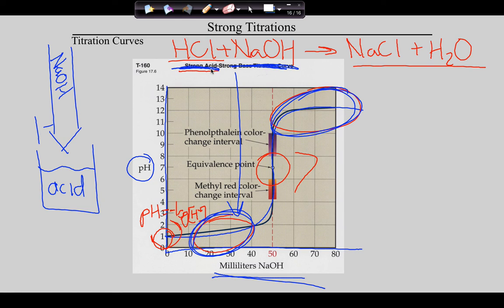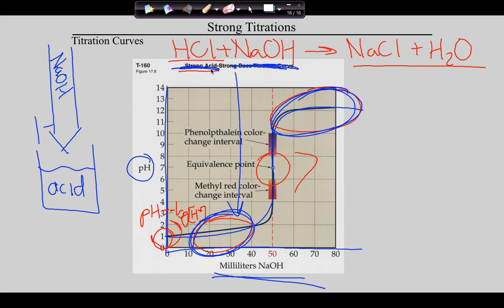Let me say that again. When we're before equivalence, we have not added enough base to neutralize the acid. So what then determines the pH? The answer is this. The amount of hydrochloric acid that has not yet been neutralized is responsible for the pH. Does that make sense?